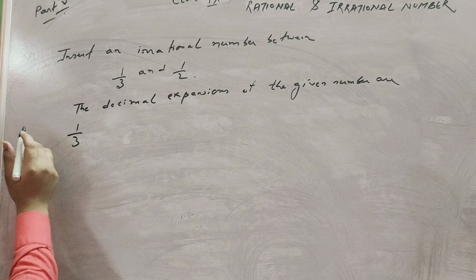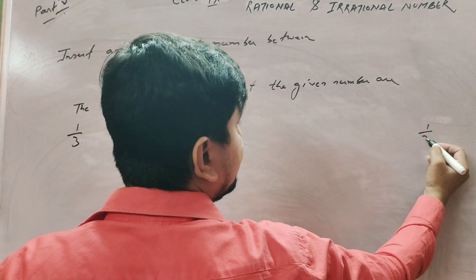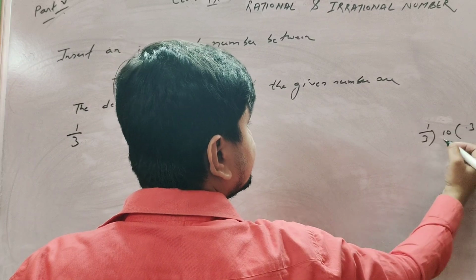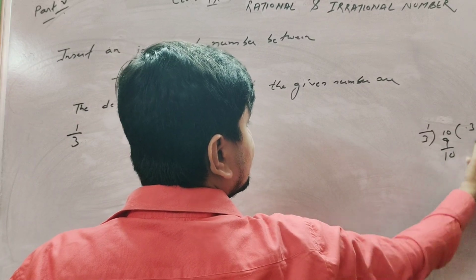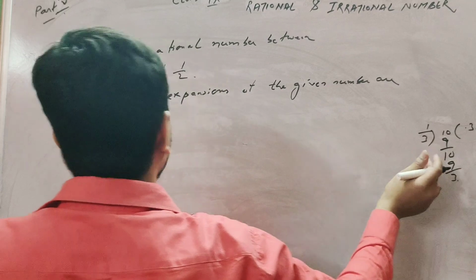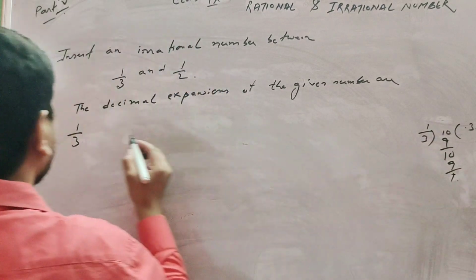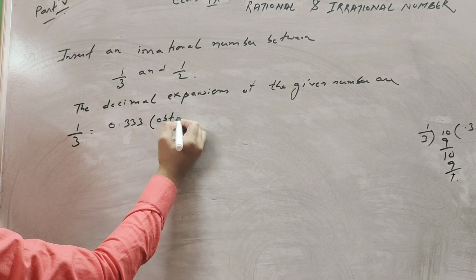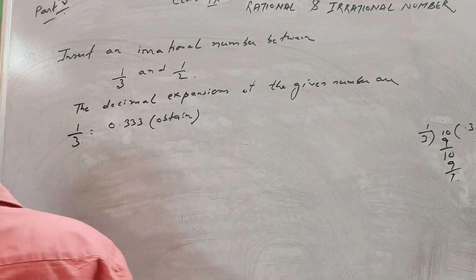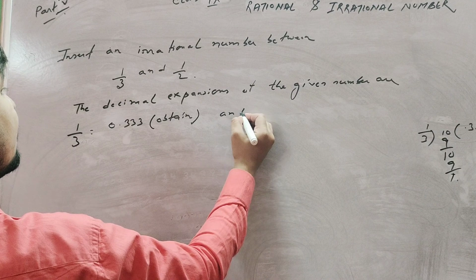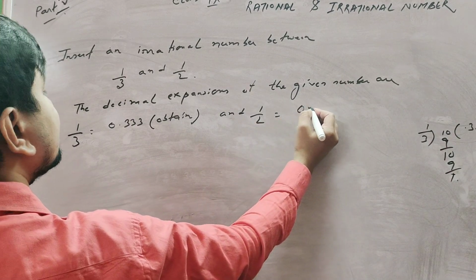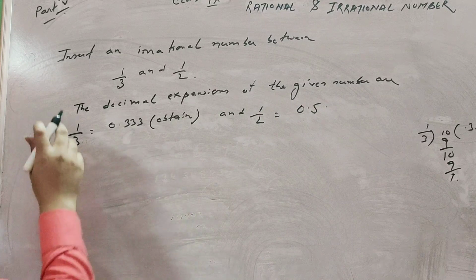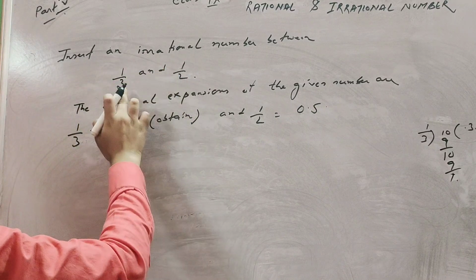We find the decimal expansion of 1/3, that is 0.333, we obtain. And for 1/2 it's 0.5. Okay, so you find a number between these two.